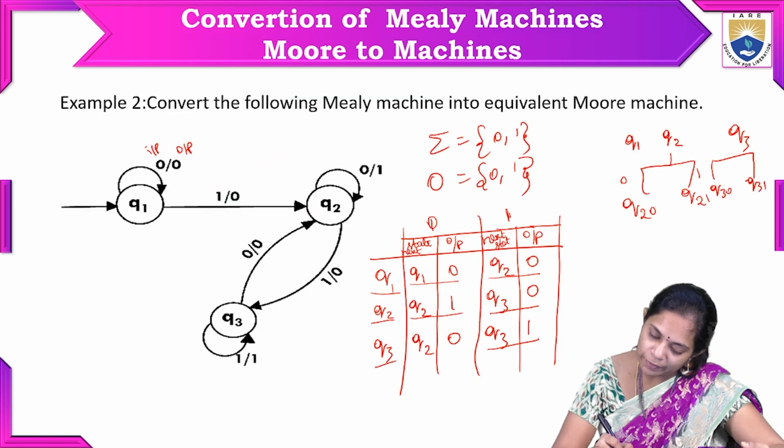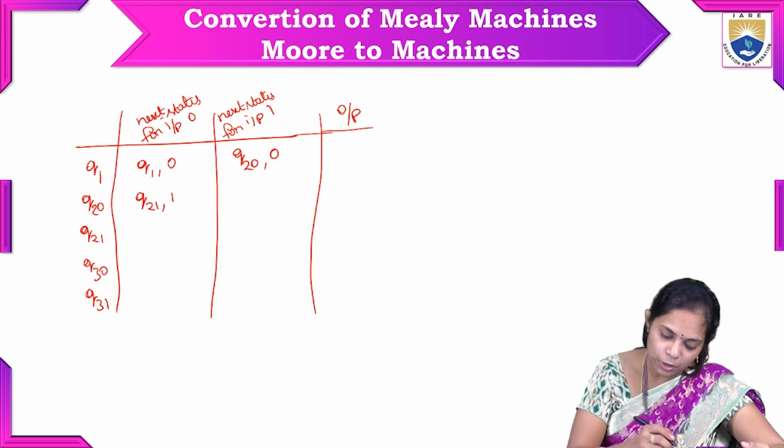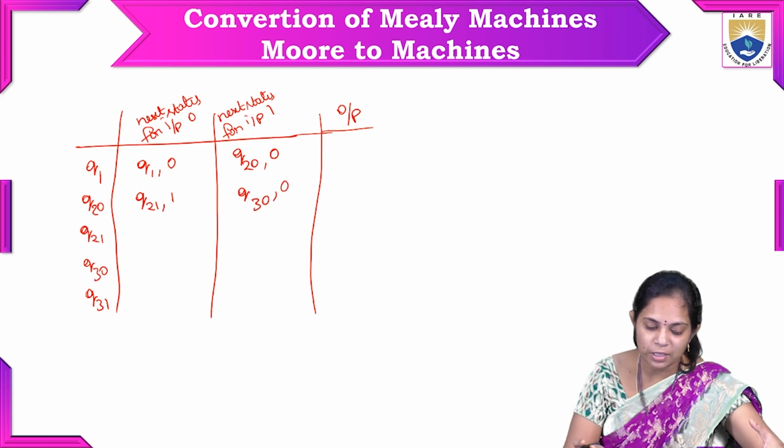From Q2, when we give 1 as an input, it goes to Q3 0. So we write directly the state name.